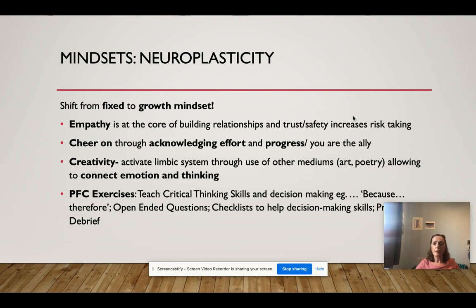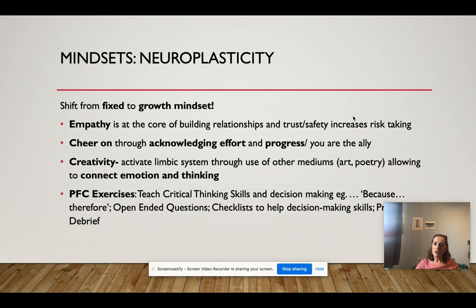So next I'm going to talk about mindsets, and I love this word, neuroplasticity. Well, that's really about believing in the growth of that gray matter, that those neurons really are able to make new information expand our brains. We have such power to grow.